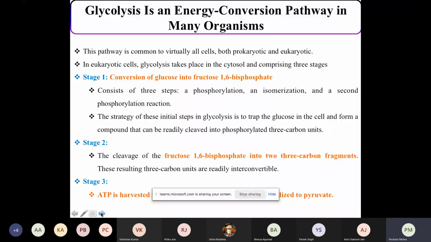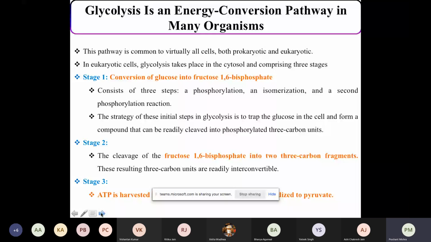Now, the second stage is the cleavage of fructose 1,6-bisphosphate into two 3-carbon fragments. So here, a 6-carbon compound is converted into two 3-carbon compounds. I'm giving you a very simple example. In stage 1, I'm starting with 1 glucose molecule, and there are 2 steps where ATP is involved, so 2 ATP are consumed.